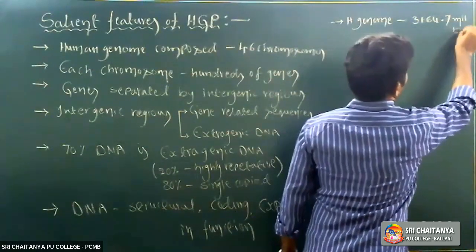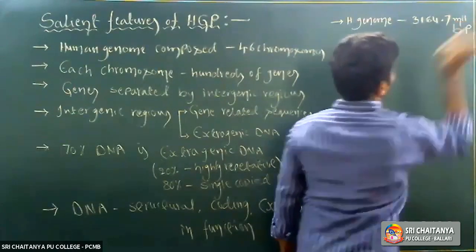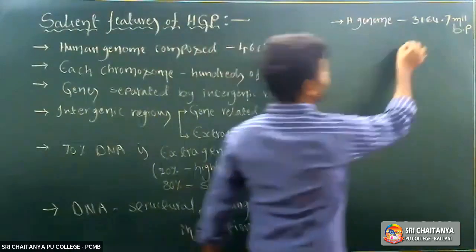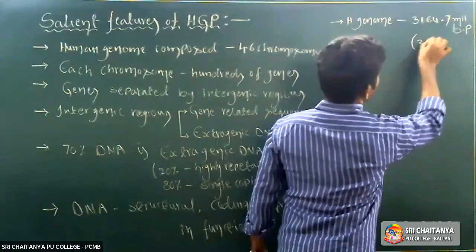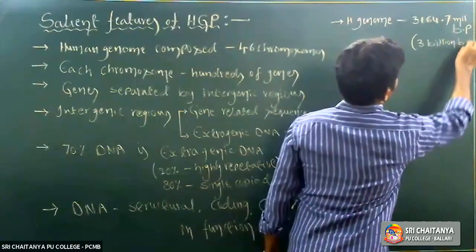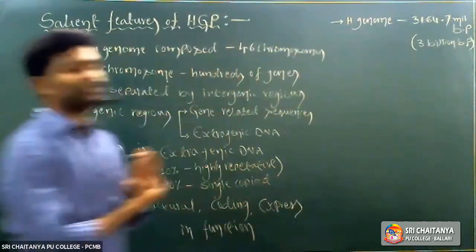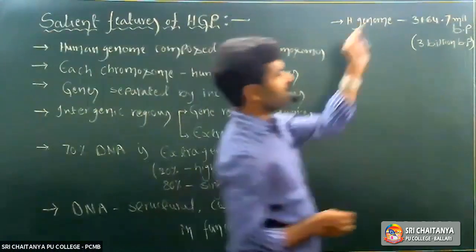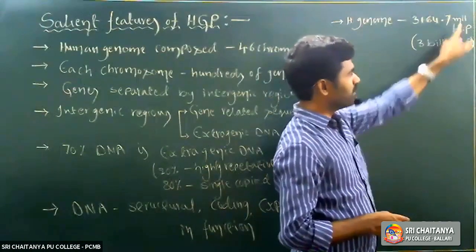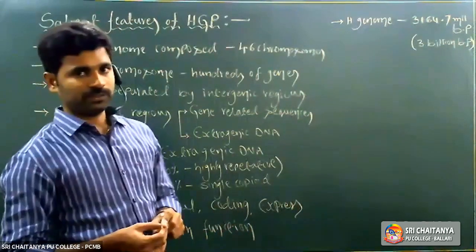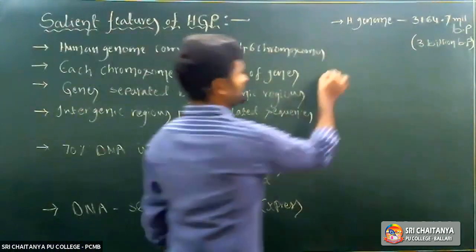Otherwise, simply within brackets you have to write 3 billion base pairs, right? So the human genome or human genetic material consists of 3164.7 million base pairs or 3 billion base pairs.